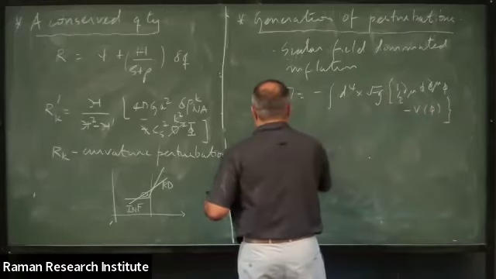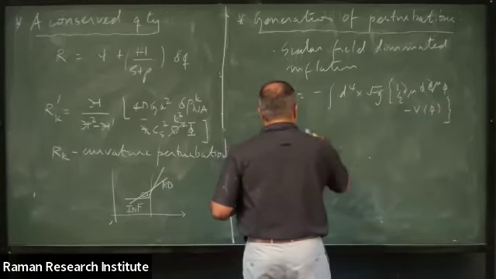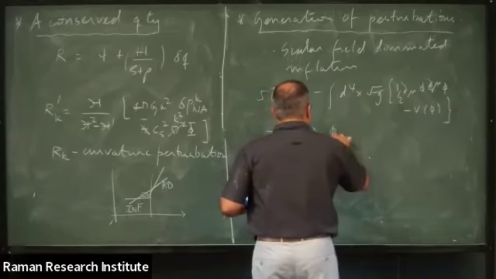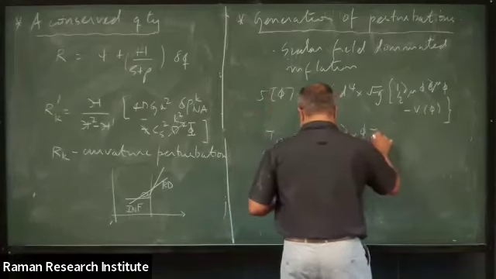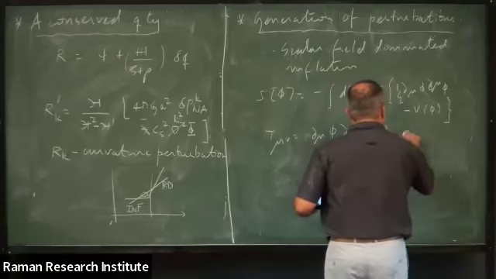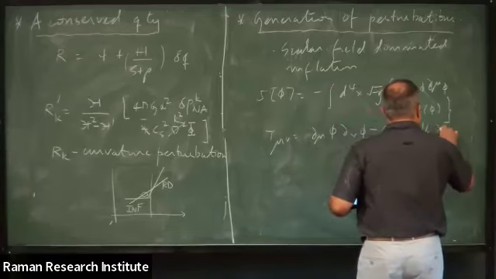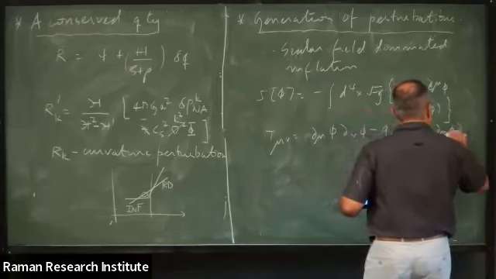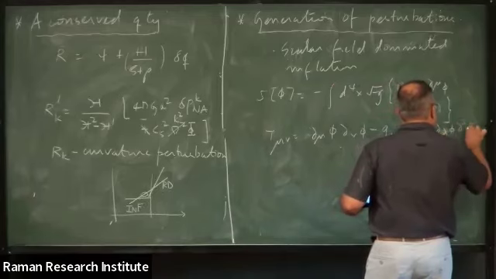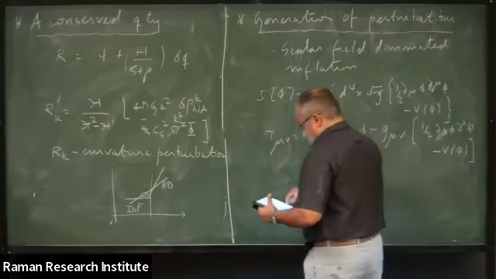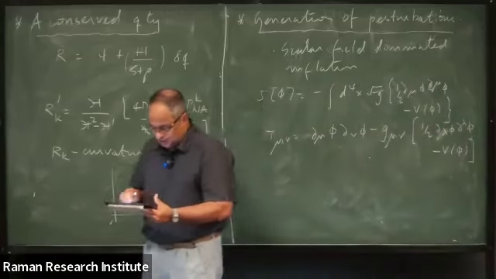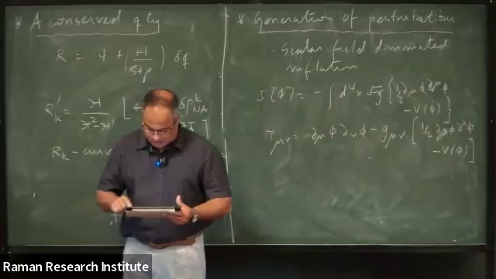And the stress energy tensor T_mu nu happens to be d_mu phi d_nu phi minus g_mu nu times half d_lambda phi d^lambda phi minus V of phi. All this we did.